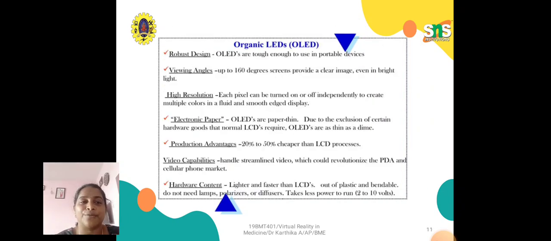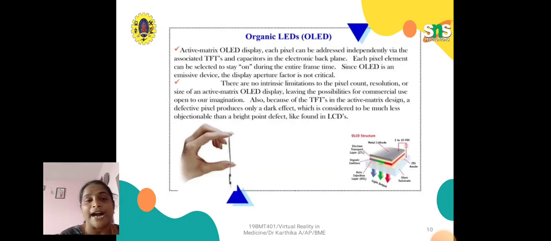And we have OLEDs, organic LEDs. In an active matrix OLED display, each pixel can be addressed independently through the associated TFTs and capacitors in the electronic backplane. There are no intrinsic limitations to the pixel count, resolution or size of an active matrix OLED display.